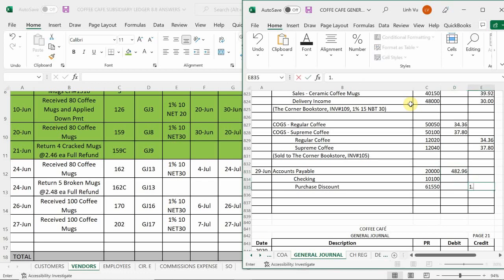We took a discount for $1.87, so your total payment is going to be $481.09. We established that in our subsidiary ledger. So the check is going to be for $481.09.